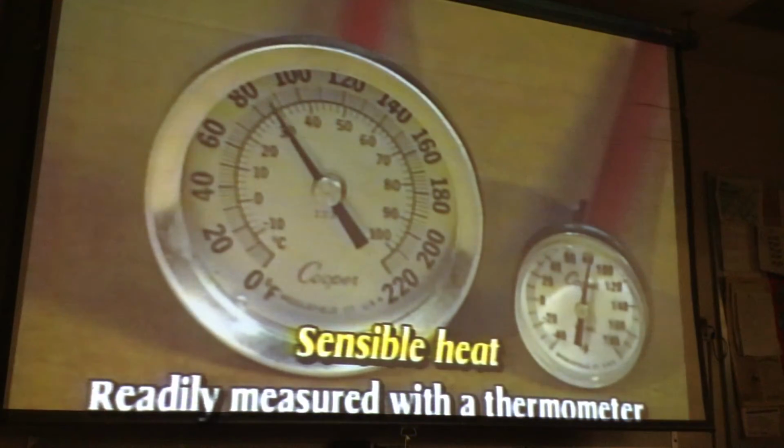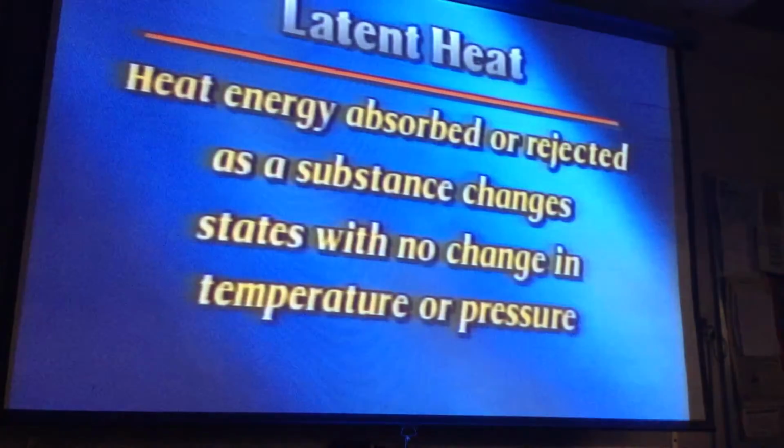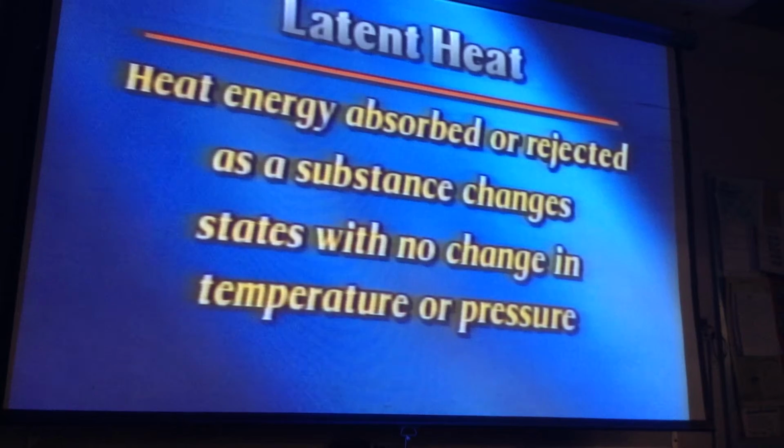Sensible heat is readily measured with a thermometer. It is heat added to or removed from a substance to cause a change in temperature. Latent heat is heat energy absorbed or rejected as a substance changes states with no change in temperature or pressure.